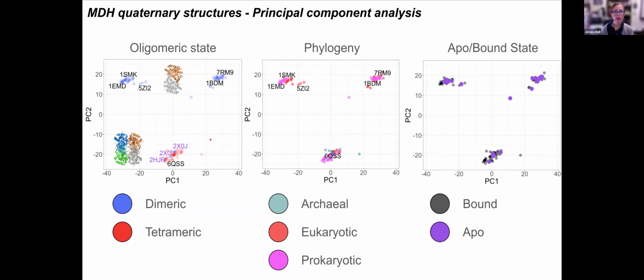And we could look at properties that we could define and see how they distributed across those clusters. What was interesting is that when we looked at oligomeric state, in the blue we're showing the dimers, and the dimers all cluster either in this guy or in this guy. And the picture that Chris showed earlier of the active site loop and slightly different conformations was basically the separation between these two different states.